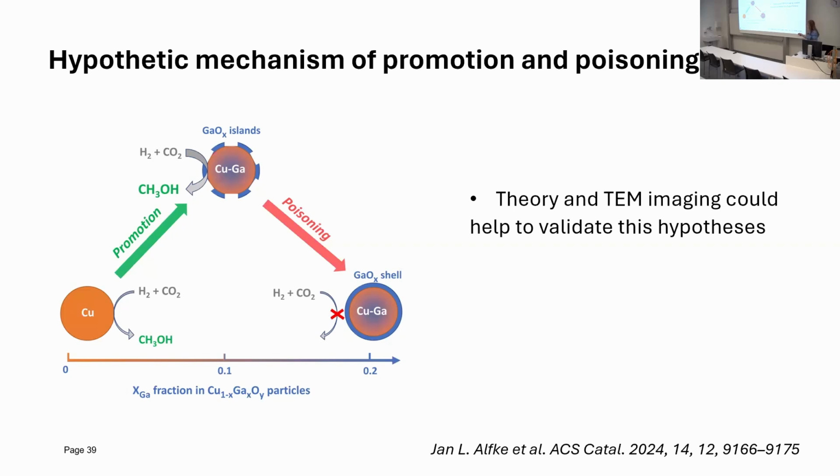We still would like to confirm it with theory and also TEM, but this work is in progress, to understand it more from the theoretical point of view and maybe from the imaging point of view, because XAS is a very nice technique to pick up the quantity of each state, but where these states are really situated is a limitation of this method, and therefore here we need imaging and theory.